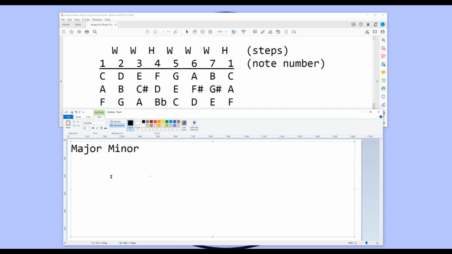The next chord would be an E. You see the pattern, it's already going in alphabetical order, just like the notes. So it'll be an E minor. Next will be an F. It'll be an F major. Then it'll be a G major. Then it'll be A minor.